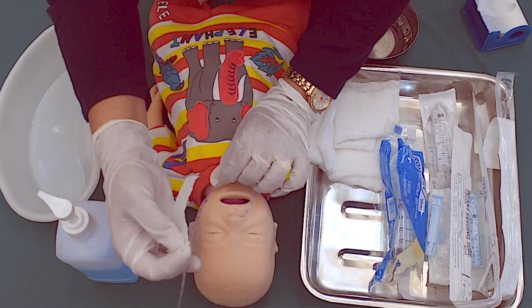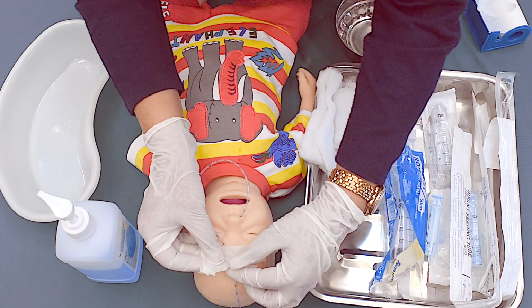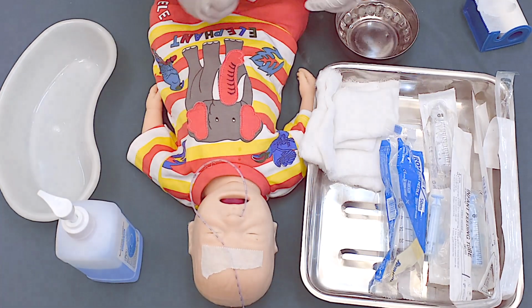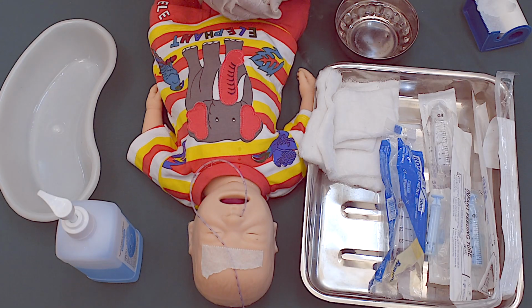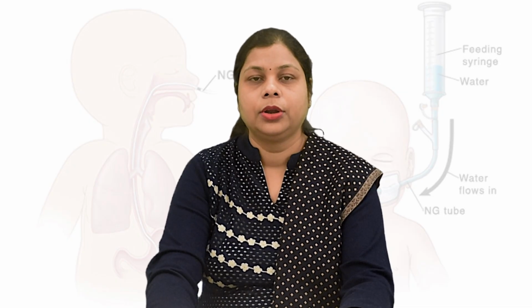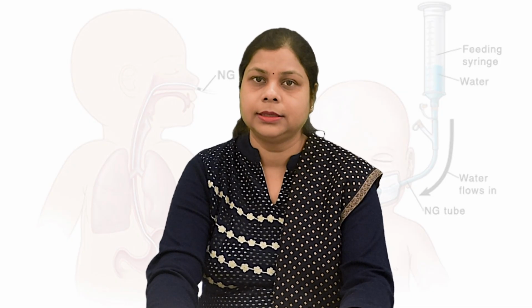The tube can be taped over the forehead of the baby like this. The tube is now ready for feeding of the baby. So any of these three methods can be used to ensure that the tube is in the stomach.